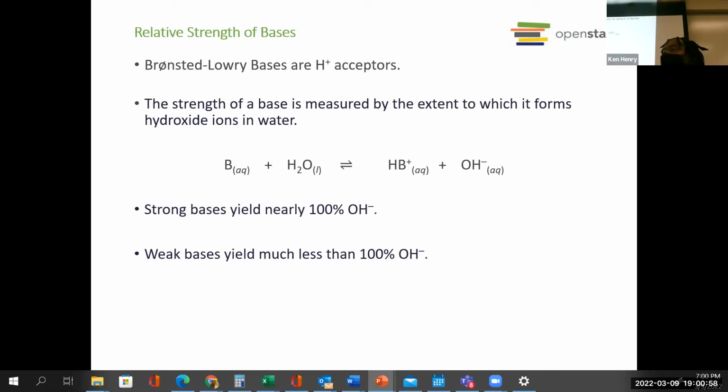Okay, so in terms of the relative strengths of bases, we know that bases are proton acceptors, H plus acceptors. A strong base is a base that completely ionizes, nearly 100%, so you get the formation of just the hydroxide ion. A weak base yields much less than 100% hydroxide.